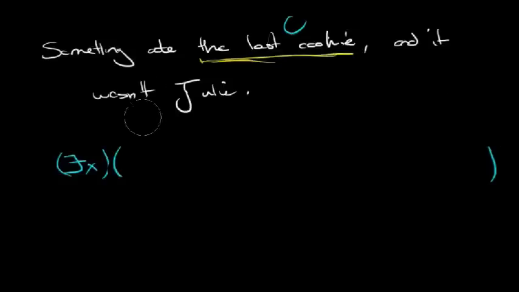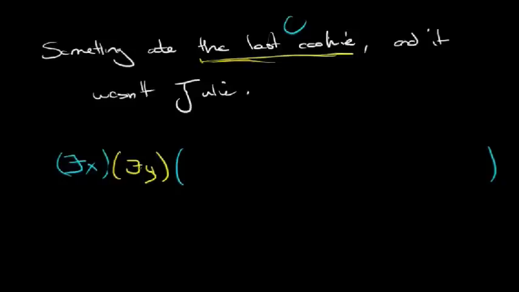Let's use a yellow so we can see what we're doing with the y. So this bracket, the ∃x has scope over this whole thing, and ∃y has scope over this whole thing. I just want to show where we're adding in the bit about the last cookie.